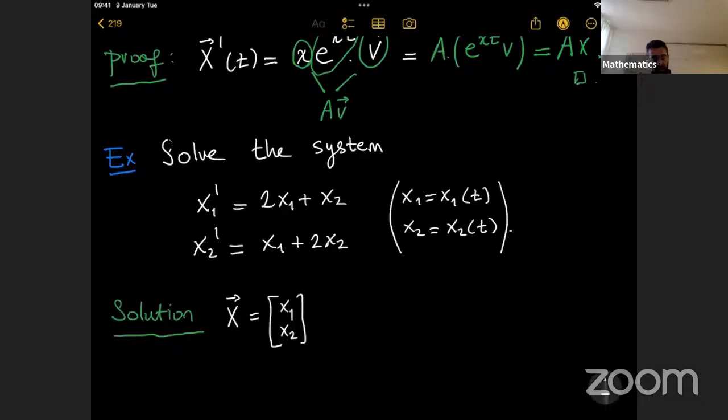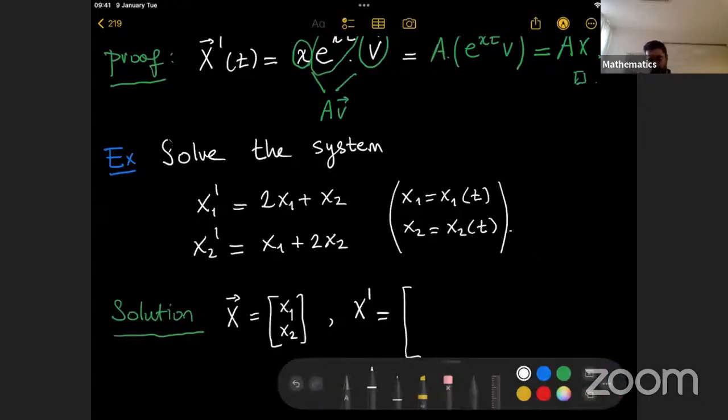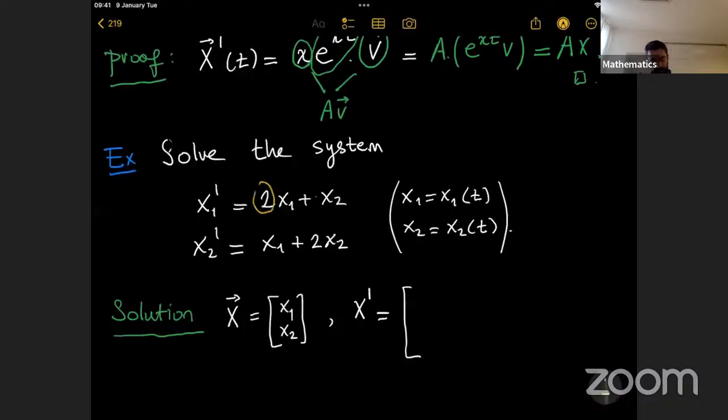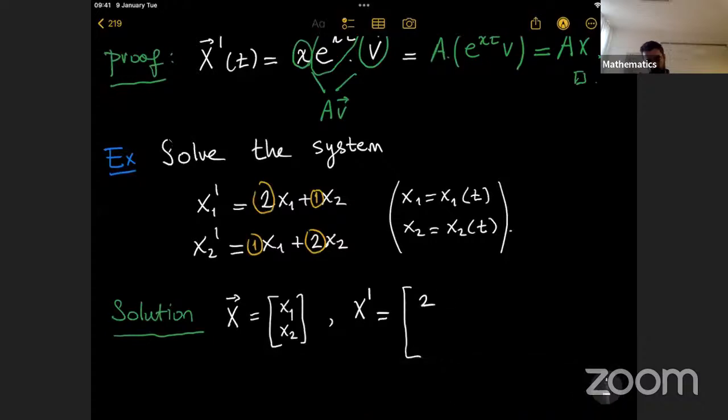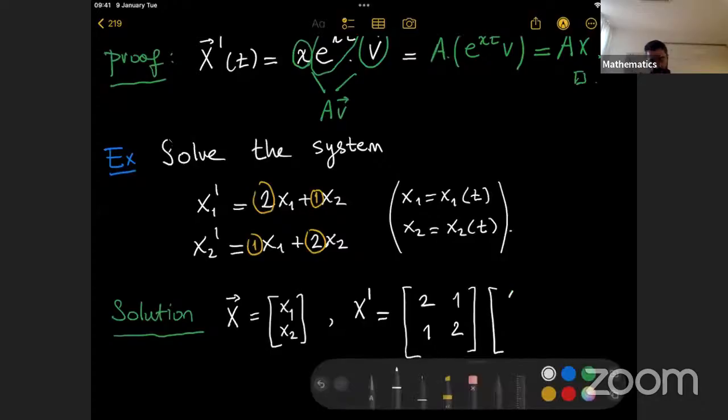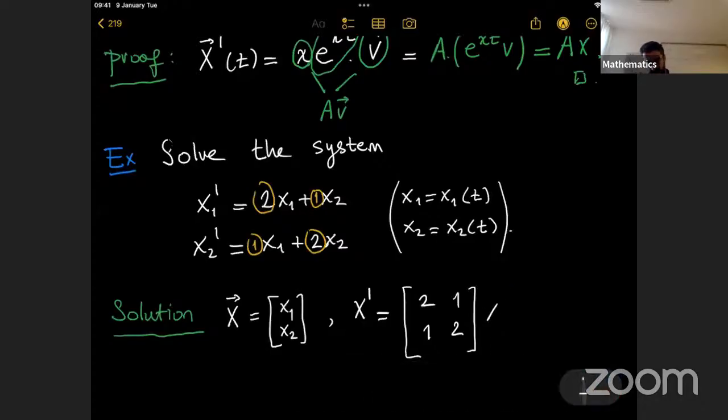Then the system becomes x prime is equal to the matrix with coefficients 2, 1, 1, 2, times x1 and x2, which is x.